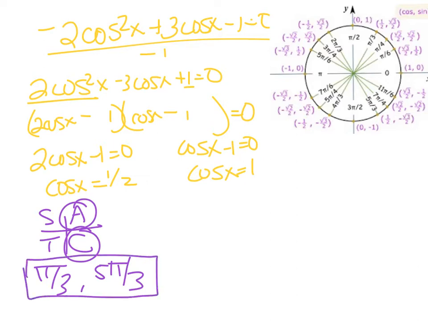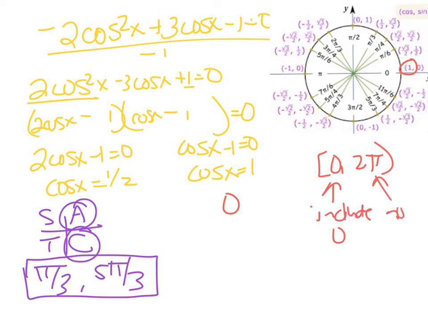That's part of my answer. And then my cosine is 1 at 0. So remember, we are doing 0 to 2 pi, which means you include 0, but not 2 pi. 2 pi is the beginning of the next rotation of your unit circle.